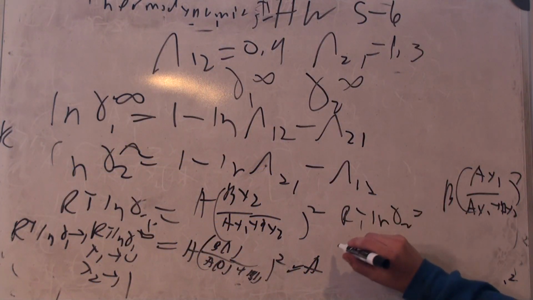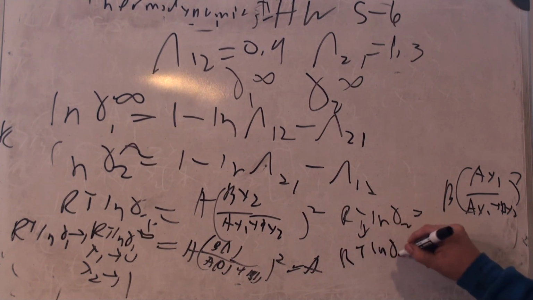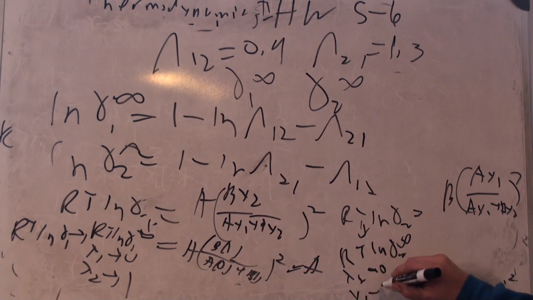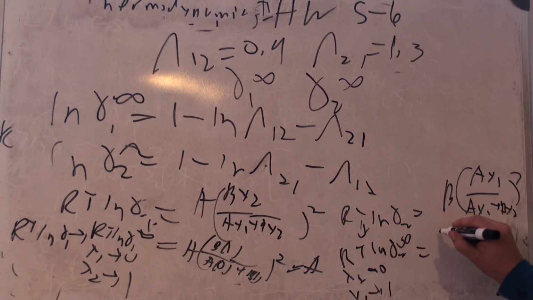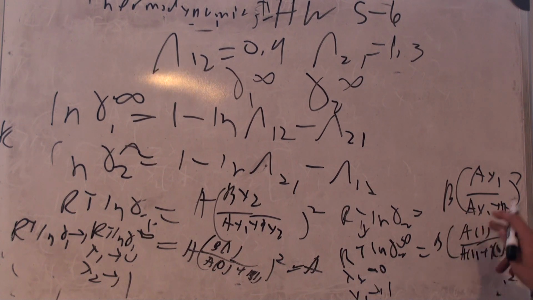Moving on to the other side, well, this goes to RT natural log of gamma 2 infinity as x2 goes to 0, which means x1 goes to 1, which means this goes to B times A times 1 over A times 1 plus B times 0, quantity squared, and I get B. Okay.